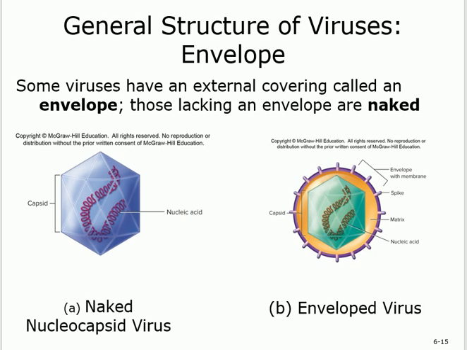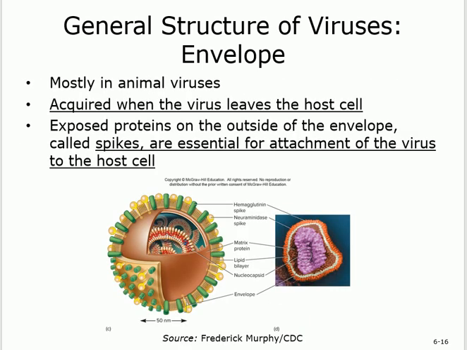So again, if you have the envelope outside, we call it an enveloped virus. If not, we call it a naked virus. The ones that have an envelope are mainly animal viruses.